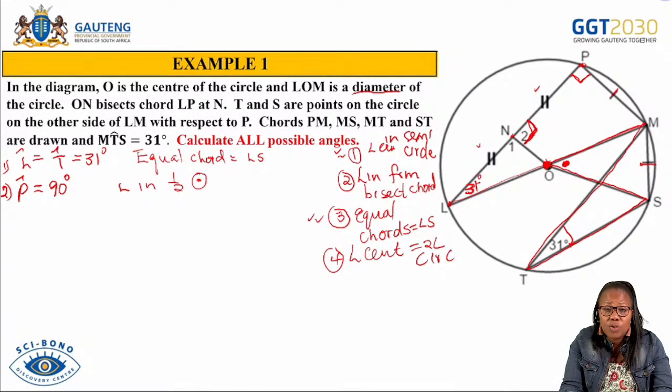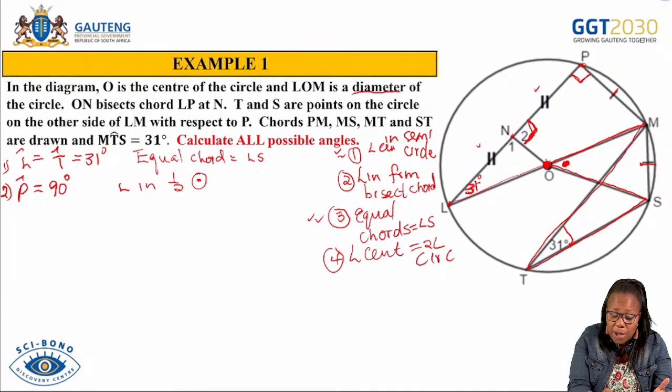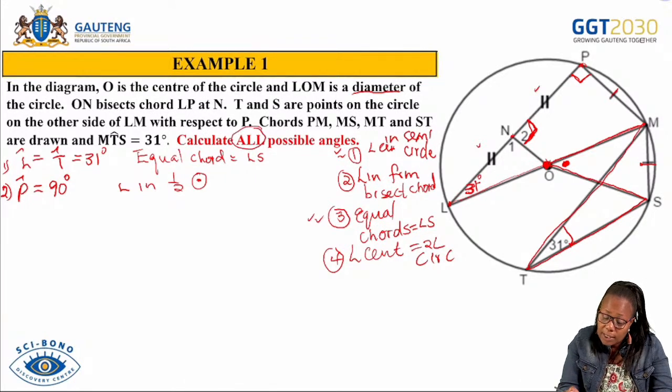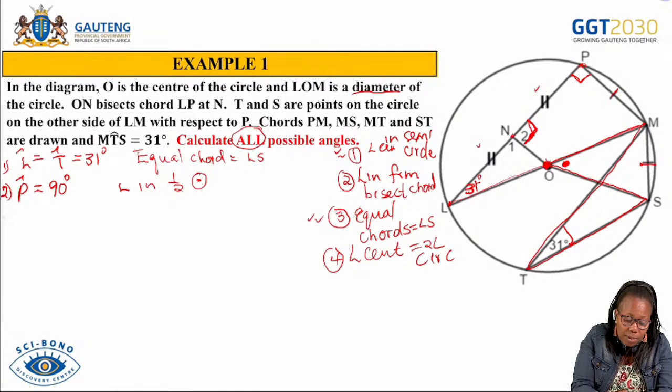And then we can also talk to that because our questions are open. We are calculating all possible angles, grade 12s. Number 3, angle N1 will be equal to angle N2. They are both equal to 90 degrees.